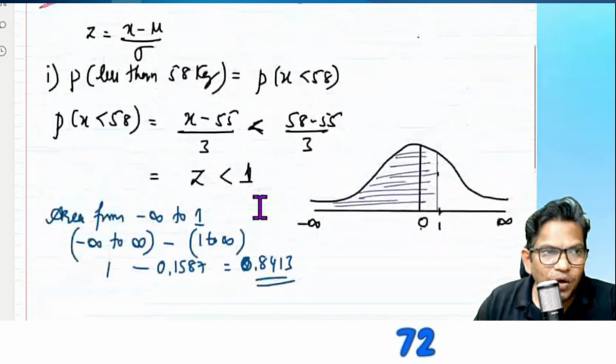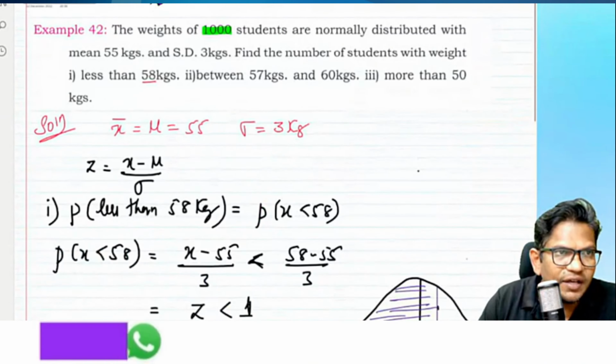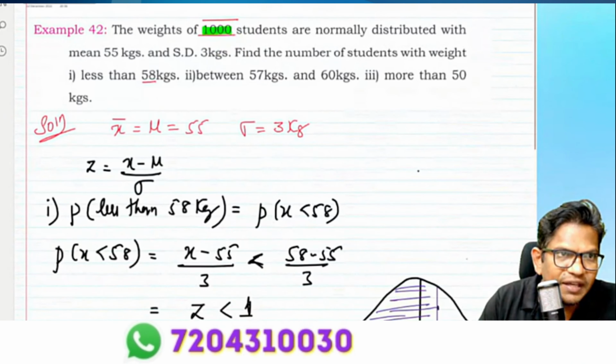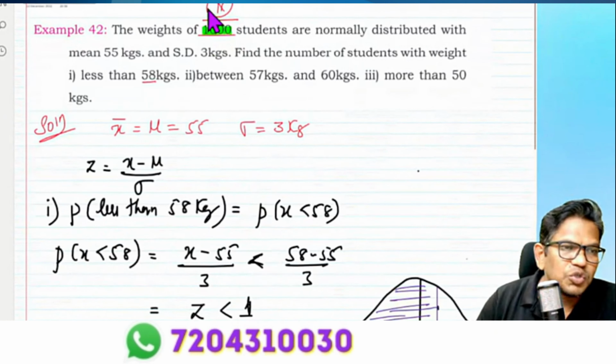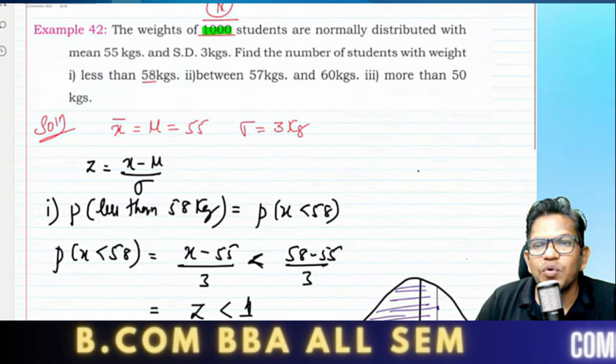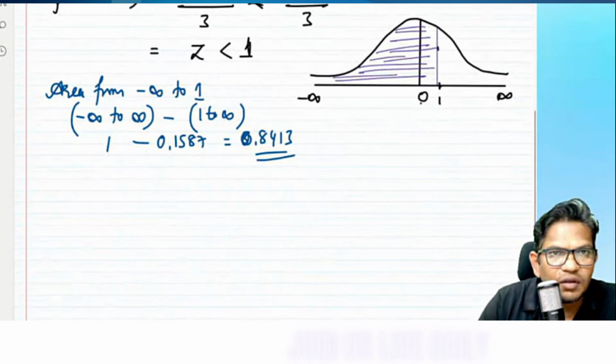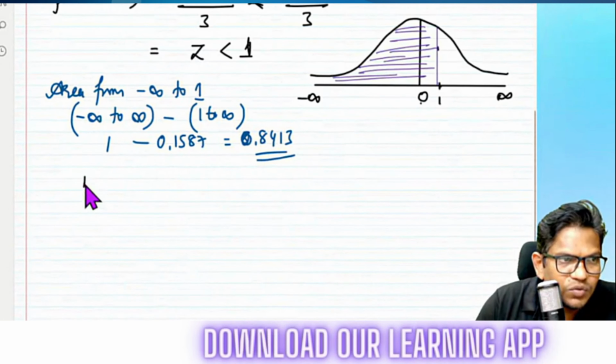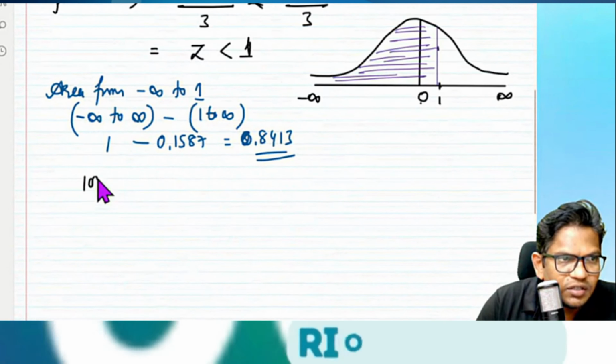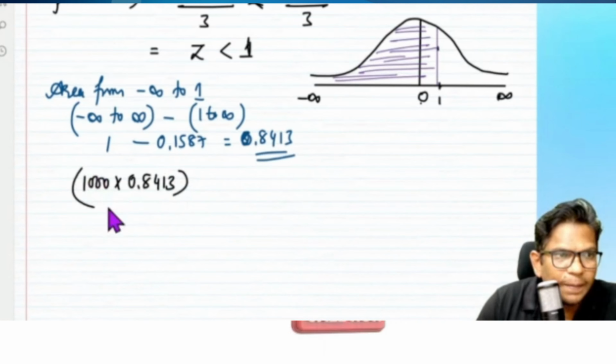Understood? Now look at what they have given. They have given 1000 as a number, this is a big N. So we are going to multiply it: 1000 multiplied by 0.8413.